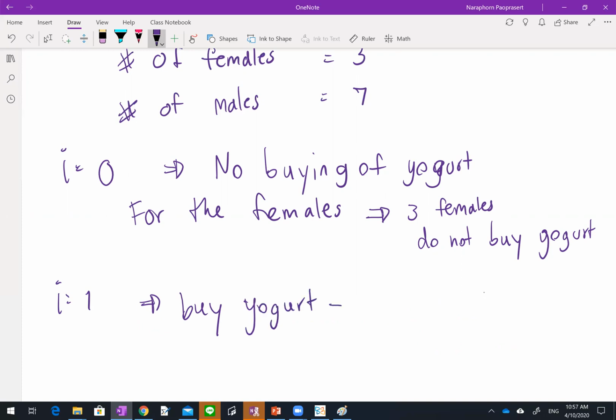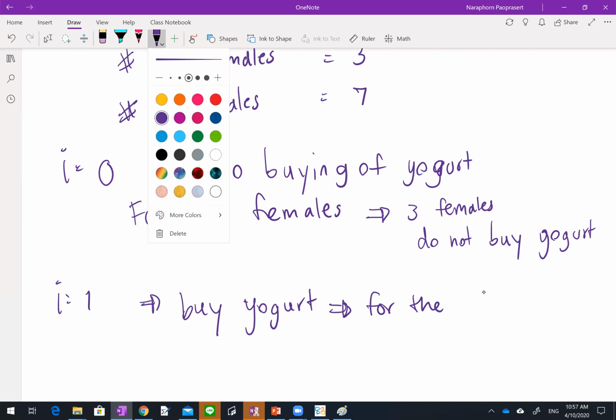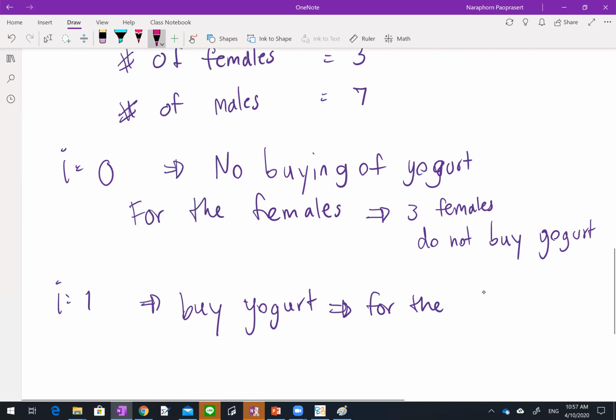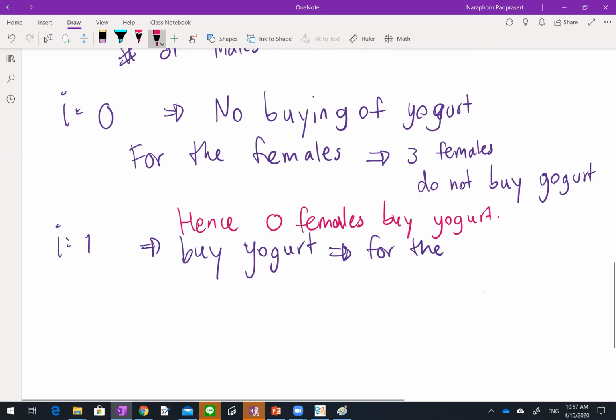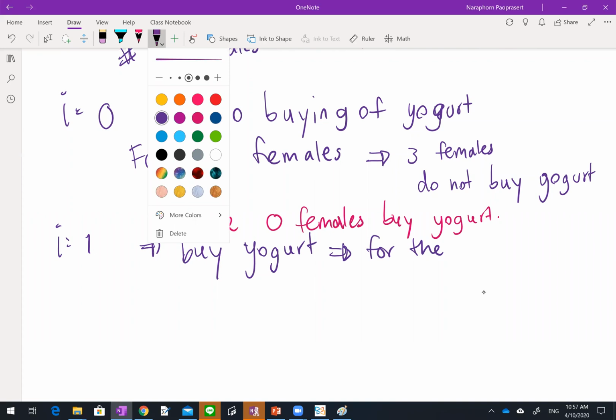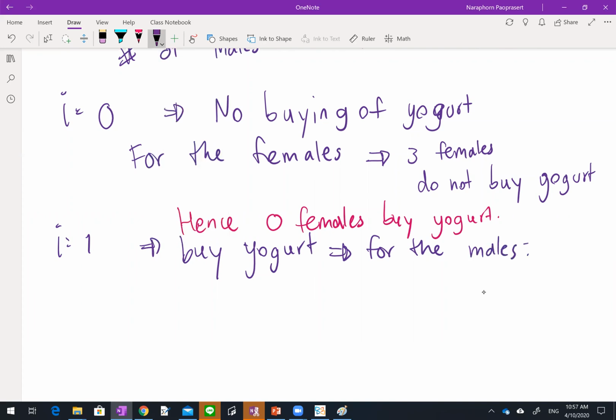For the males, how many males have bought yogurt?